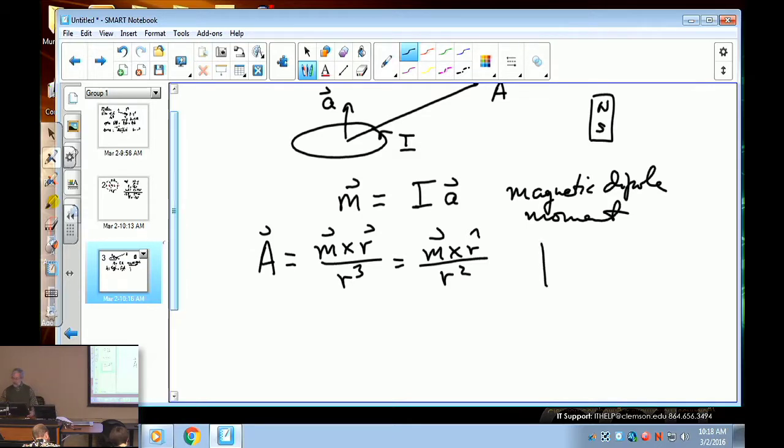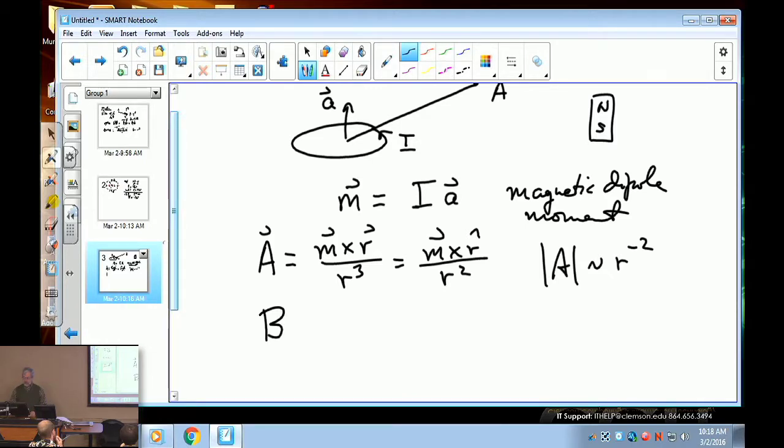And again, the magnitude of A goes like r to the minus 2, just like phi does, but now A is a vector potential and it has a direction associated with it. And you can sketch A for yourself. Remember, A tends to be in the direction of the nearest current. Of course, there's possibly some cancellation, but you could sketch A for this pretty easily.